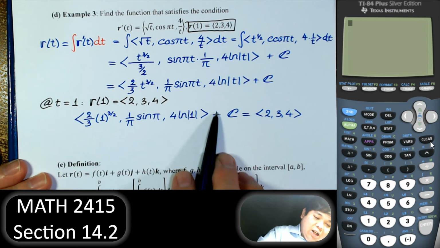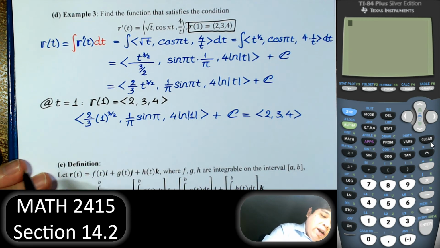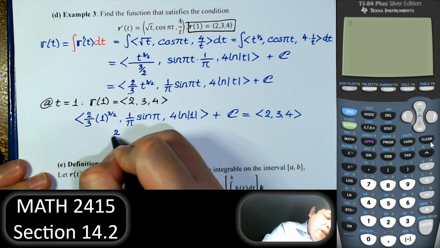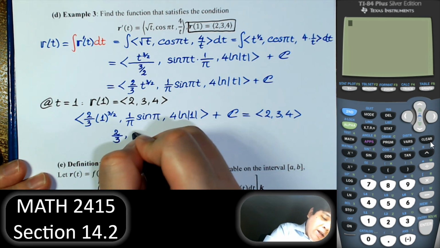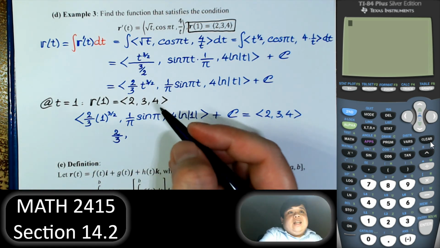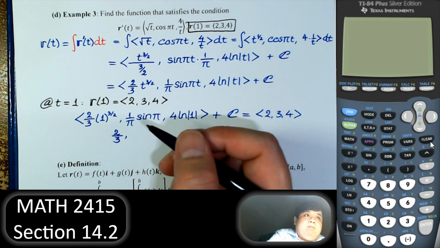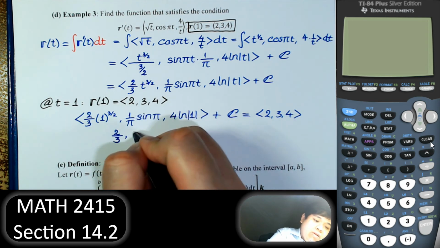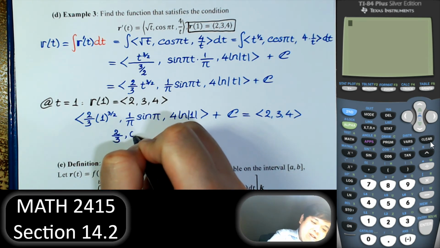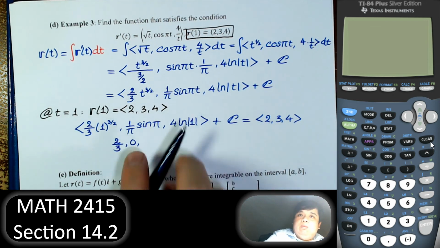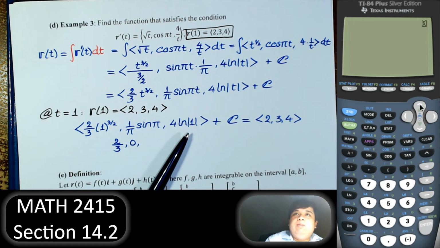So it's clear to simplify this. So we have 2/3. Sine of pi is 0, so we have 0. And ln of 1 is still 0.